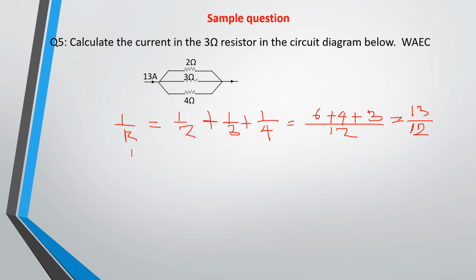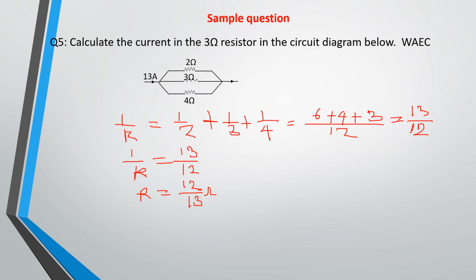So 1 over R is equal to 13 over 12. Your R now will be equal to what? Will now be 12 over 13. It's 12 over 13 ohm. Now they are giving you the current to be 13 amp.